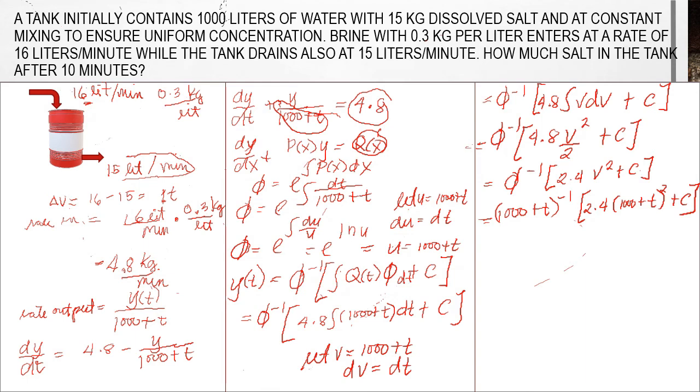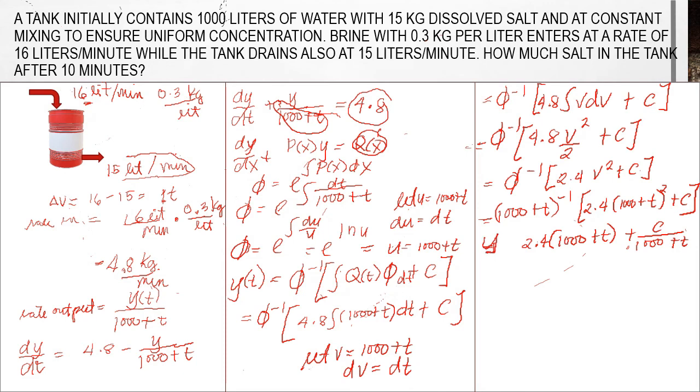Distributing, our general equation will have 2.4 multiplied by 1000 plus t, plus c over 1000 plus t.